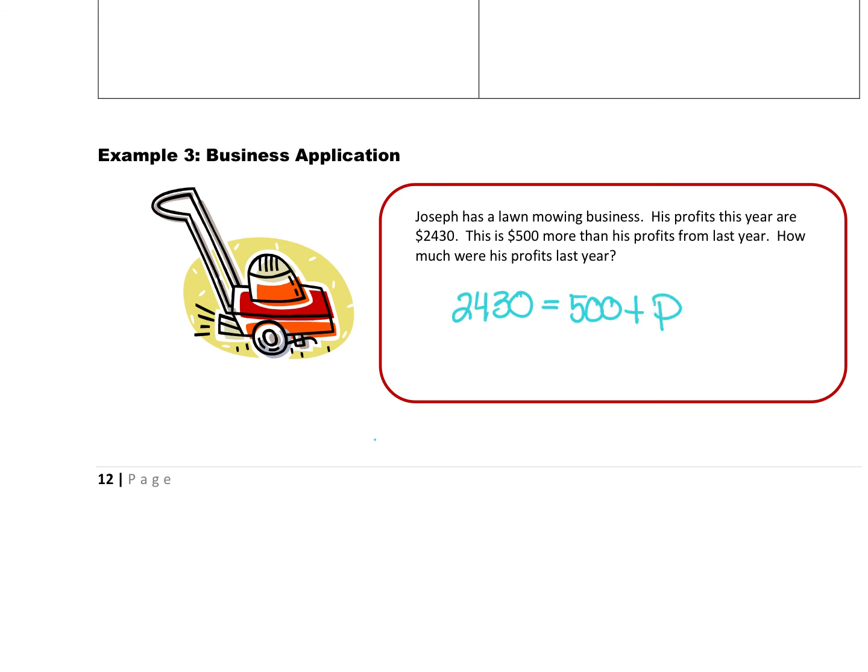I'm going to call those P. So profits, I'm going to call P. How much were his profits from last year? Well, we're going to solve it the same way we did our others. We're going to undo adding 500 to P by subtracting 500 on each side.